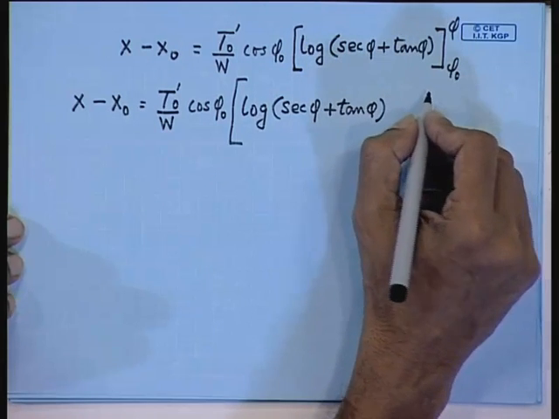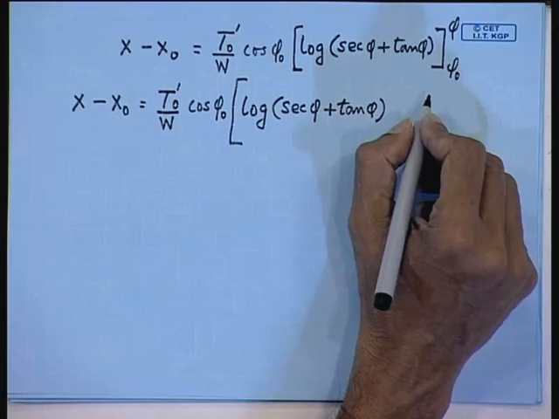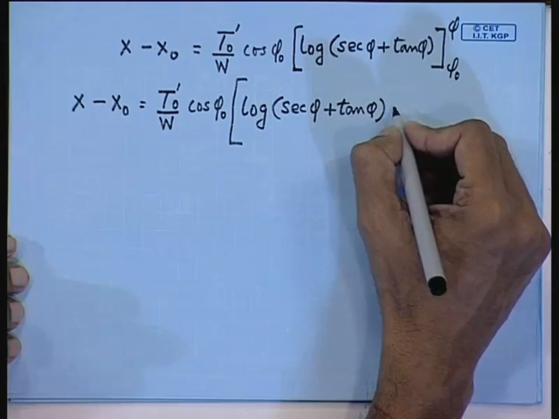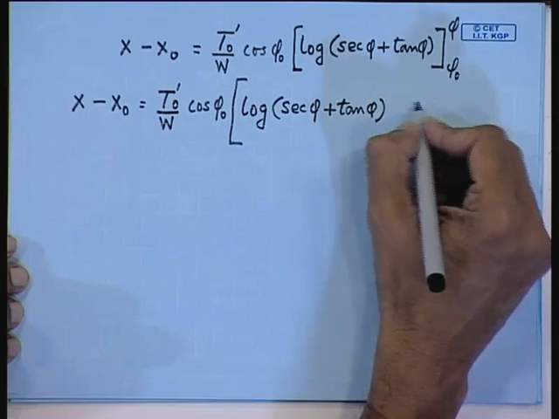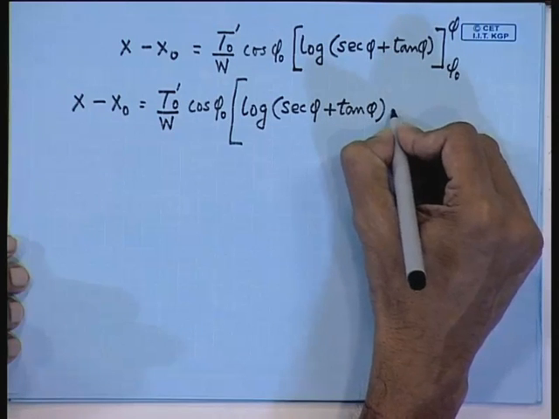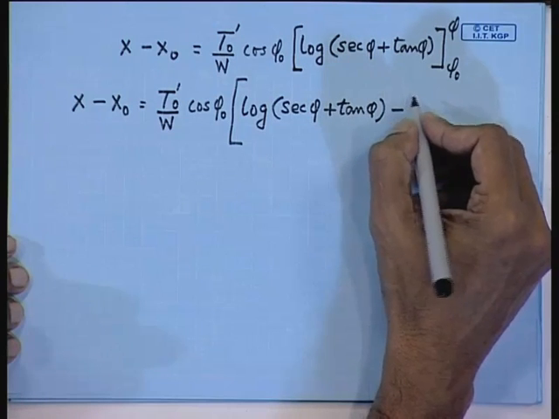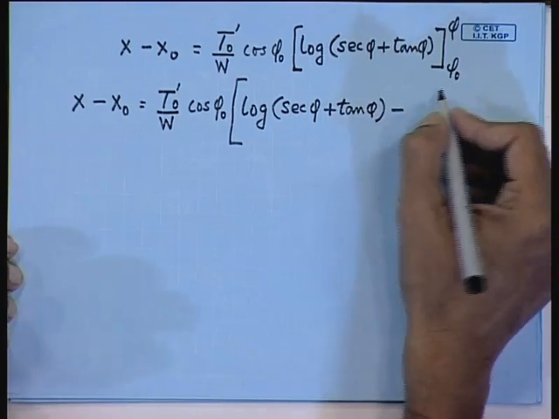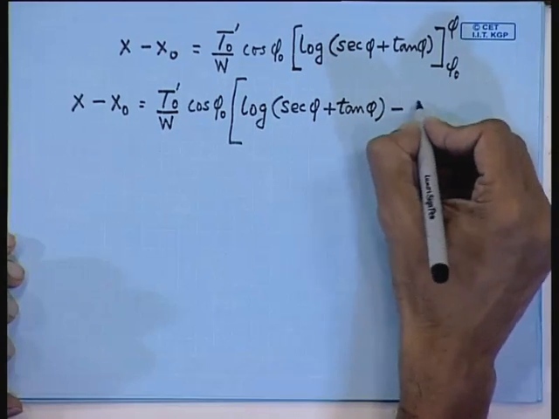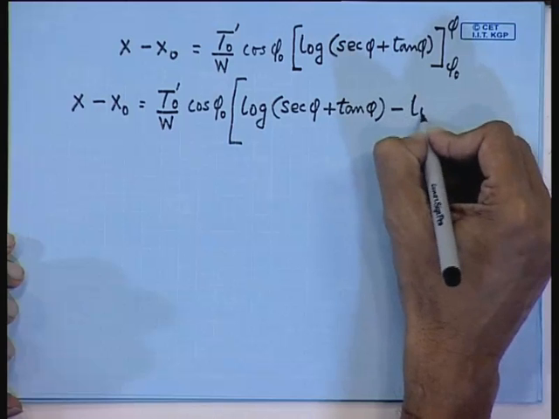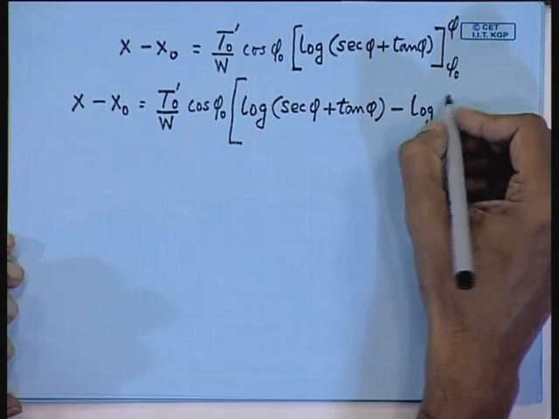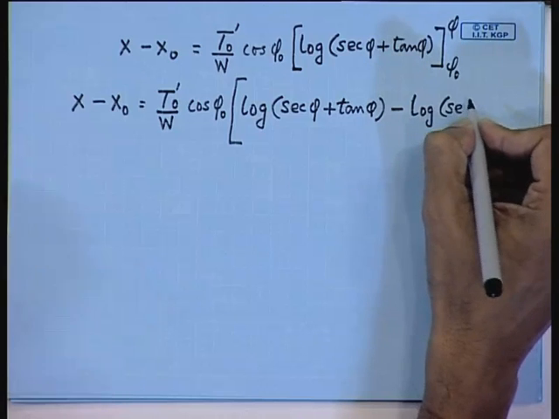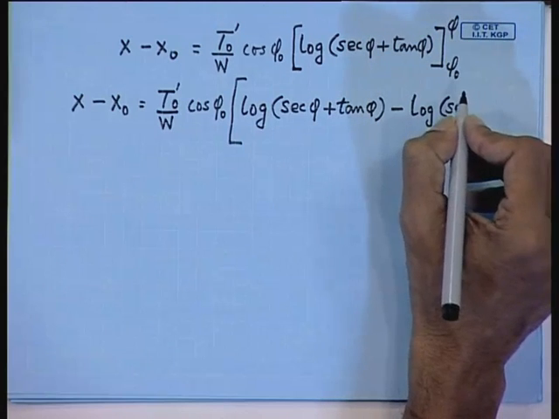If you want to calculate z minus z naught, what is the expression that you should use? You find out z minus z naught. I have shown you how to calculate x minus x naught. And after that you calculate the tension T.